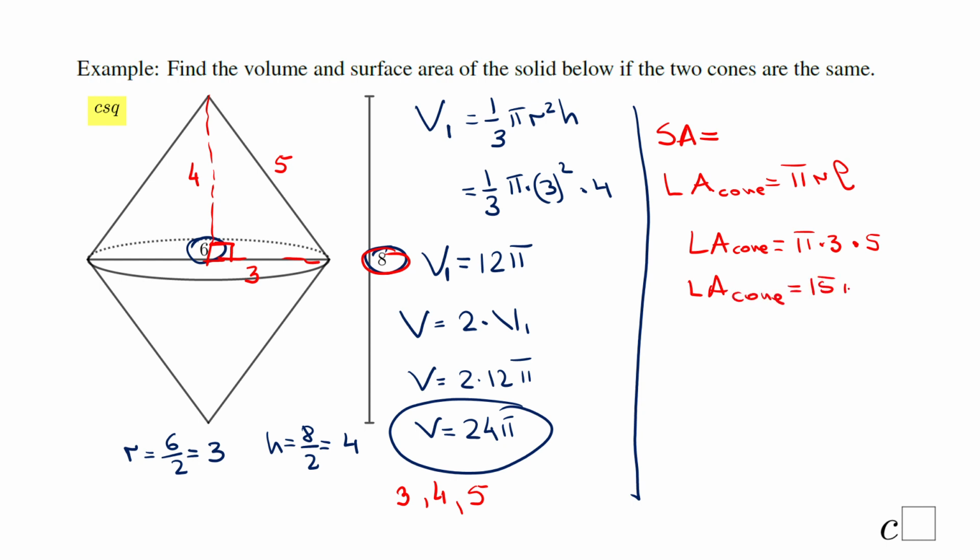Okay, but remember, we have two of those, top and bottom. 2 times 15 pi. So the surface area here is 30 pi.